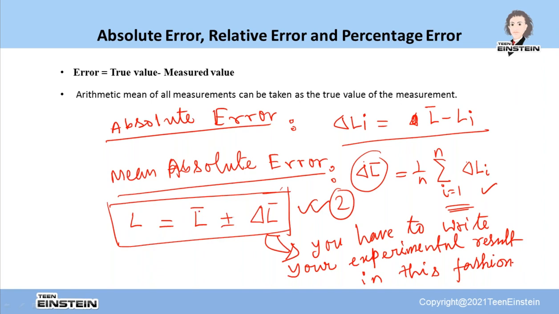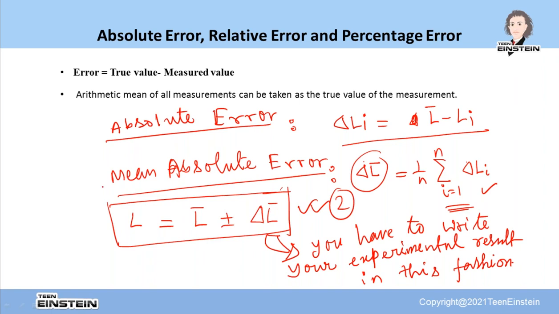Final result you have to write with the value, whatever average value you have got. With that you have to write plus or minus the absolute error. So you have to know what the absolute error is in your experiment. That varies.